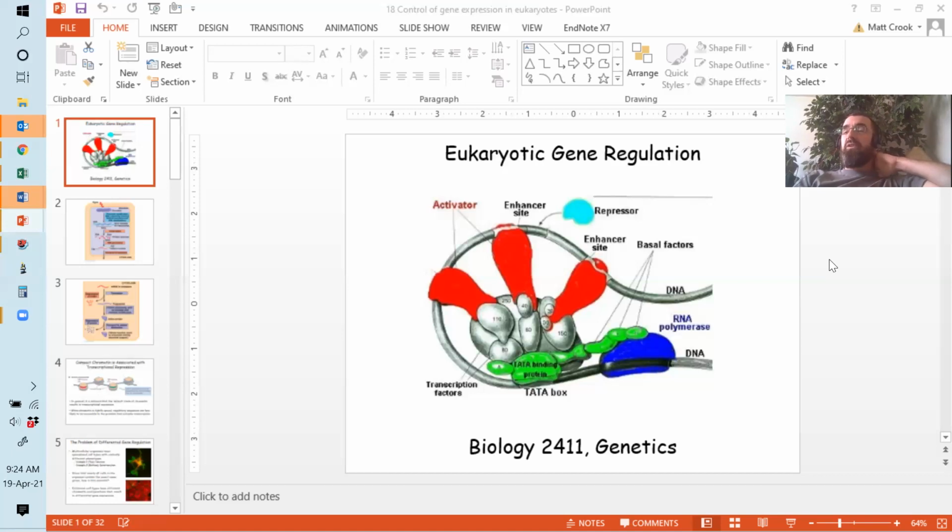So, okay, in eukaryotes, what do you get at the end of transcription? Pre-mRNA. Okay, so how do you get from pre-mRNA to functional protein? What steps must occur?